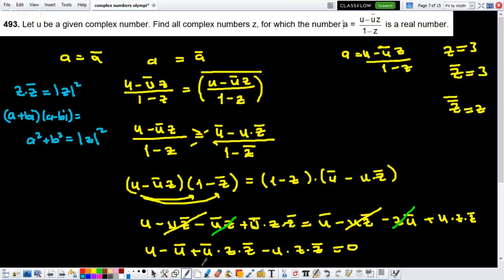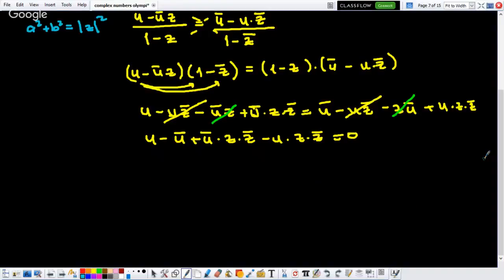Then here we have: u minus u conjugate plus u conjugate times modulus z square, and minus u times modulus z square, is equal to 0.